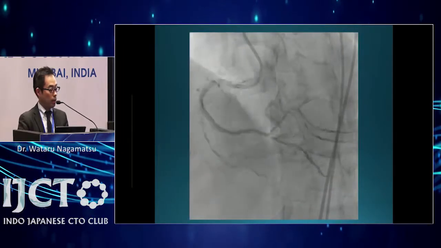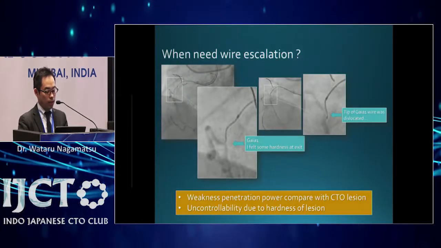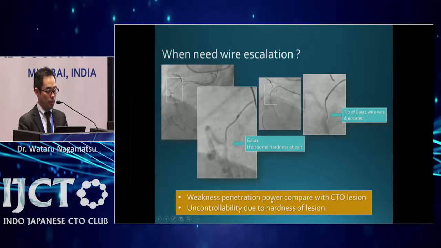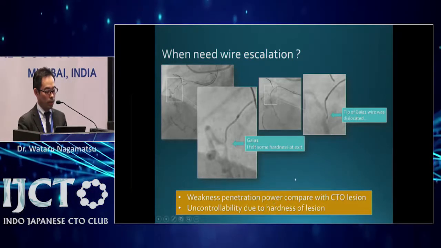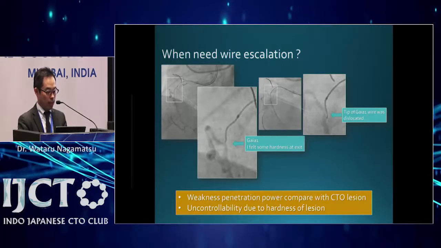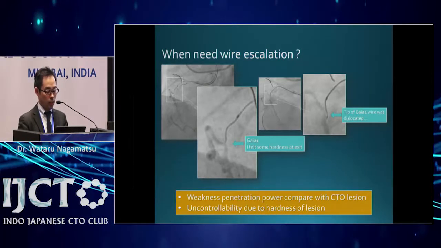Finally we got a very good result. When we need wire escalation, when you feel weak penetration power compared with the CTO region, or feel uncontrollability due to the hardness of the region, please change to a harder wire.